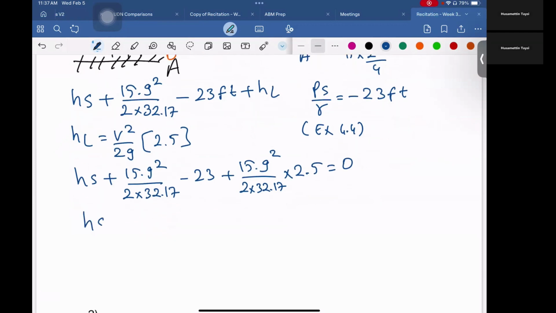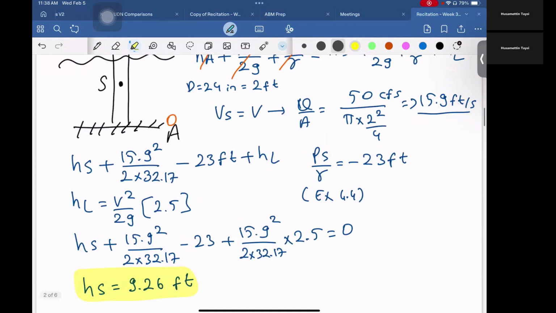And from here, we can get HS as 9.26 feet. So this is the value of this point, the point of the pump so that we can prevent cavitation.